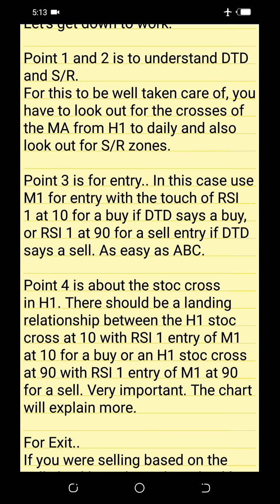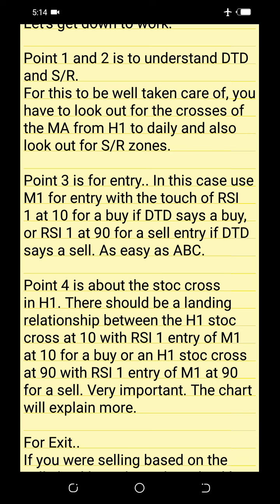Listen, the H1 stock cross at 10, talking about the stochastic oscillator now, at 10, with RSI1 entry of H1 at 10 also for a buy. Which means there must be 10 in H1 stock cross, and then when you come to RSI1 in 1 minute, it must also be at 10 for you to engage a buy.